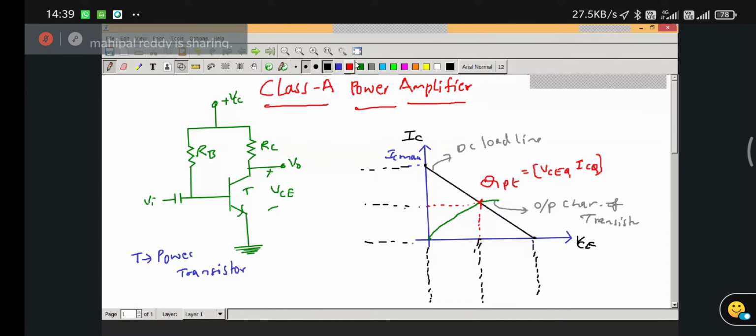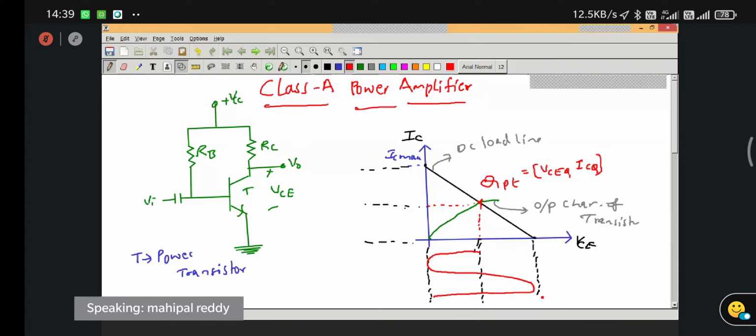This is my input voltage. Please treat it like a sine waveform.